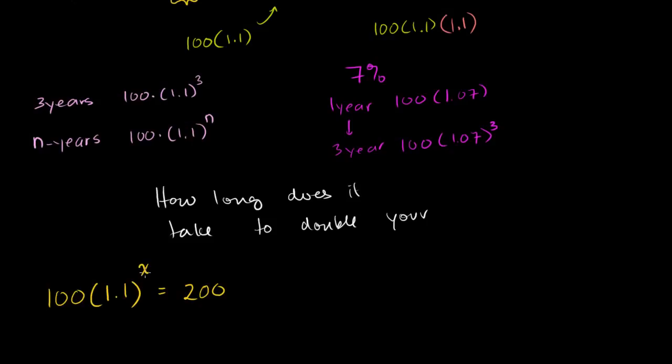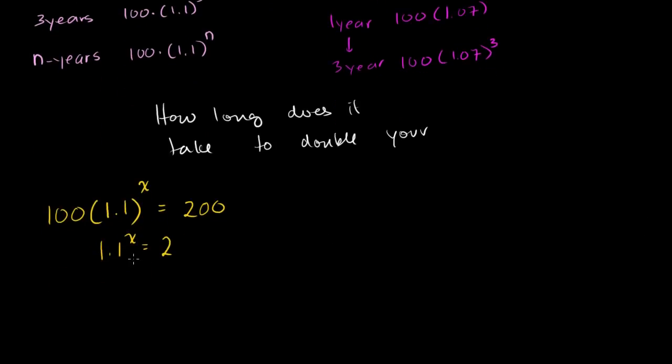And I'm going to have to solve for x, and I'm going to have to do some logarithms here. You can divide both sides by 100. You get 1.1 to the x is equal to 2. And then you could take the logarithm of both sides, base 1.1, and you get x. I'm showing you that this is complicated on purpose. If any of this is confusing, there are multiple videos on how to solve these. You get x is equal to log base 1.1 of 2.